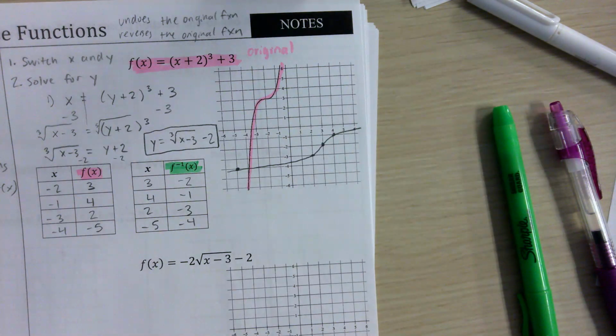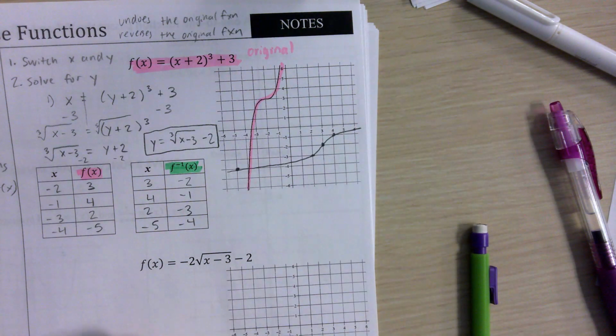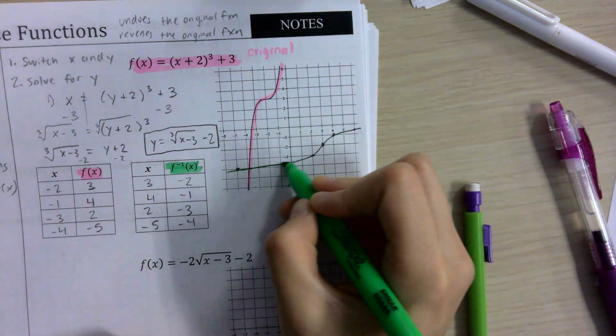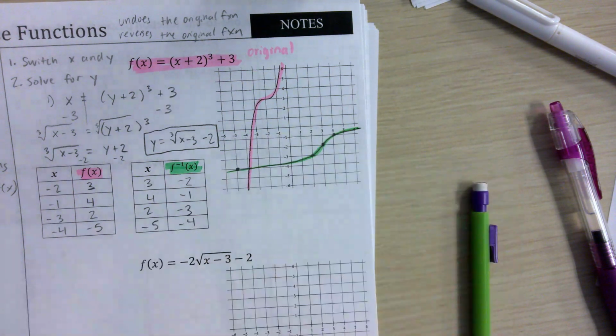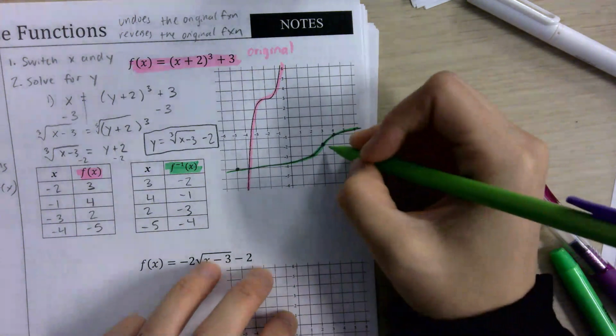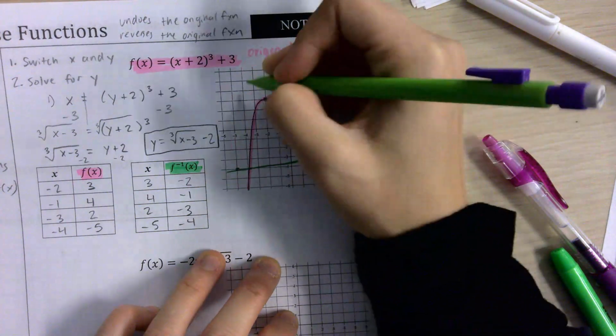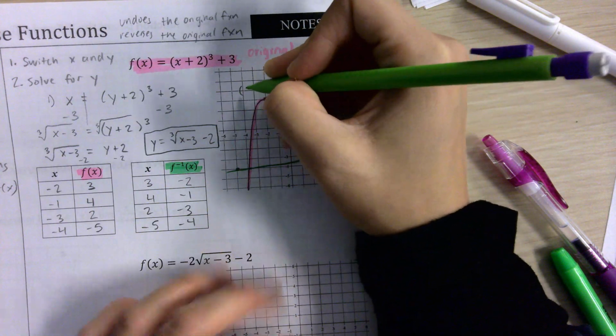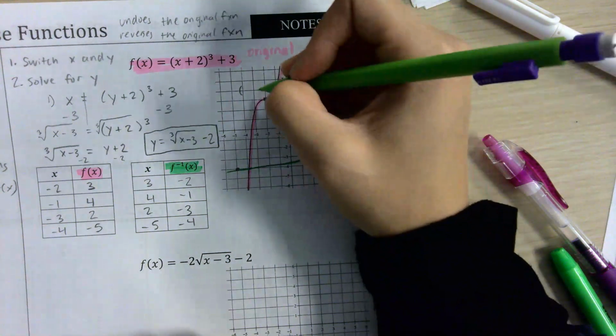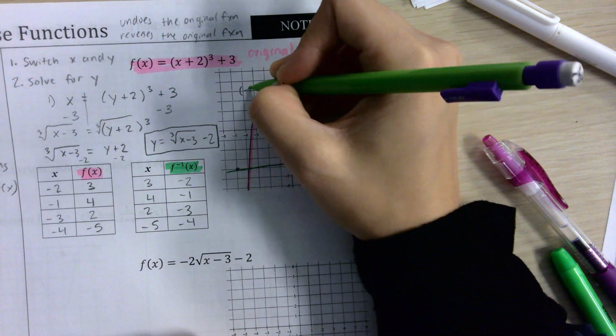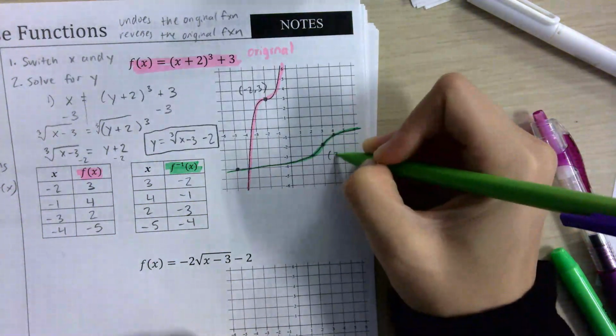Okay, so the way that you'll want to think about this is these graphs. Here, I'll label the points, right? We have the center point of a cubic, negative 2, 3, and this is 3, negative 2.